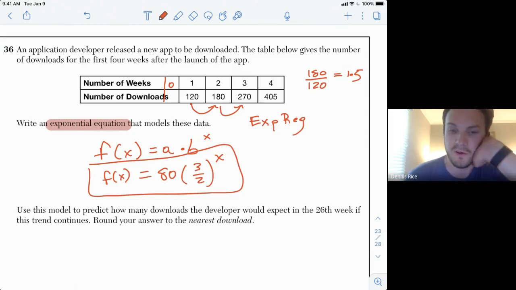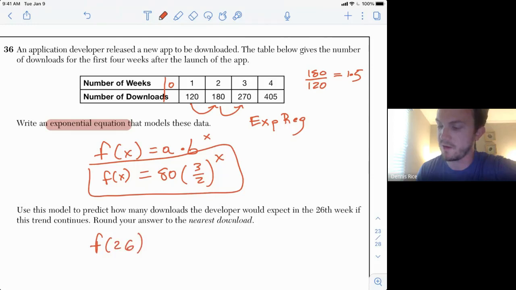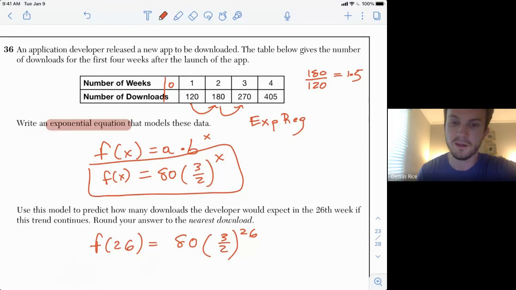What are we doing for part 2? Plug in a 26 for x, yeah. Basically saying, what is f of 26? Plug in a 26. You definitely need a calculator for this. You definitely can't do this by hand. If you already have it in y equals, or just in your home screen, plug in a 26 for x. 1.5 to the 26th power times 80.